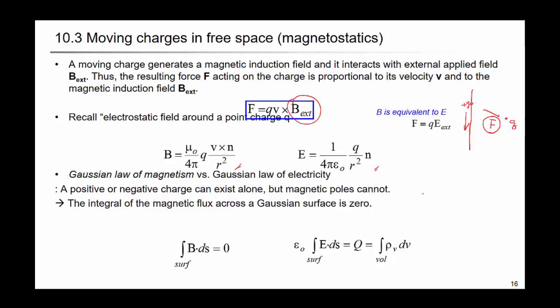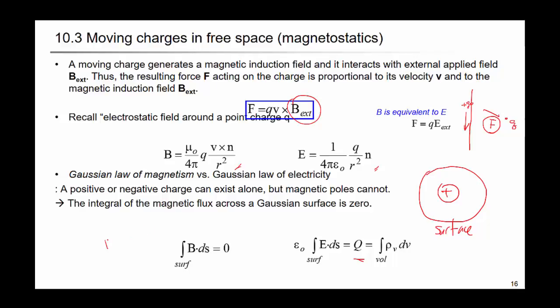And do you remember the Gaussian law? When you have charges and you draw the Gaussian surface, then the surface integral of the electric field across this Gaussian surface is the same as the electric charge inside, right? But in magnetism, you cannot have just one pole. You cannot have the N pole separated from the S pole.